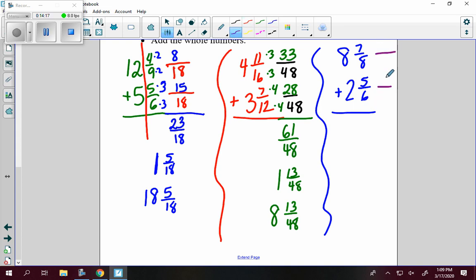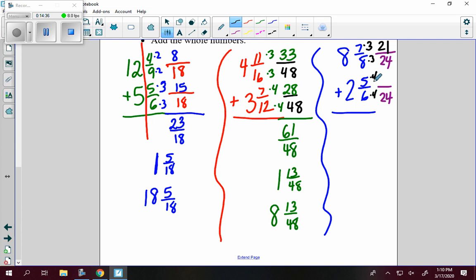My common denominator, if I multiplied this by 2, I get 16, and 6 will not go into 16 evenly, so I'm going to multiply 8 by 3 and get 24. And 6 does go into 24 evenly, so that's going to be my denominator. In order to find my numerator, I'm going to go times 3 to get 21.